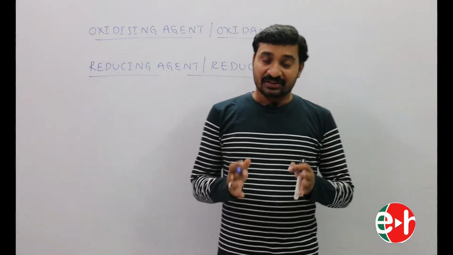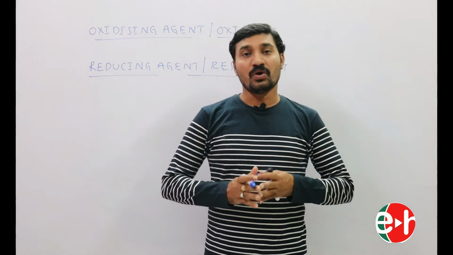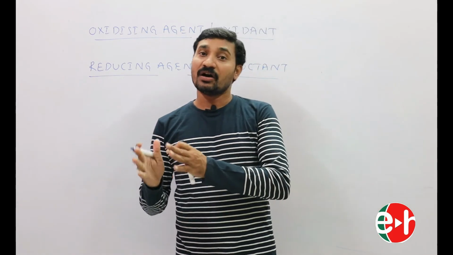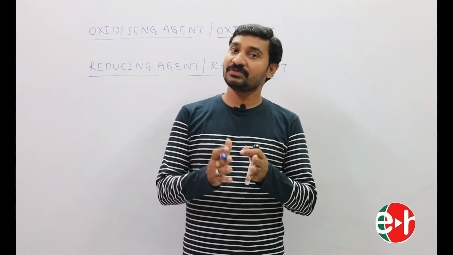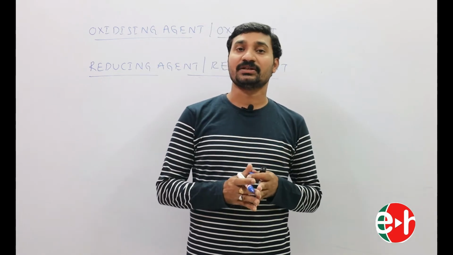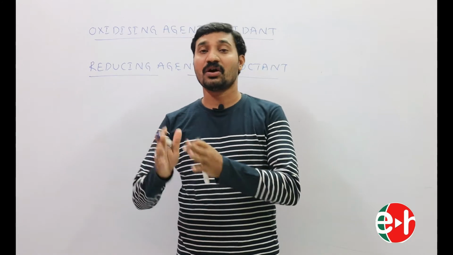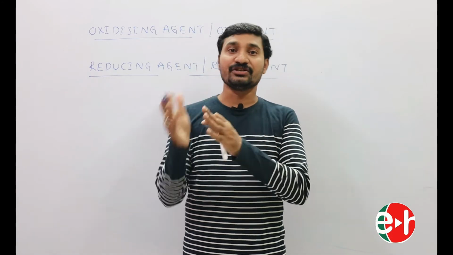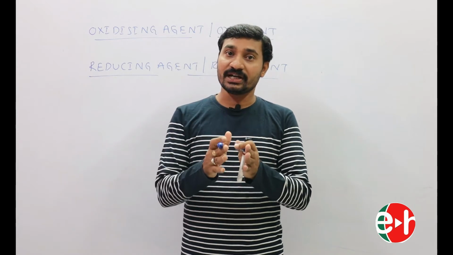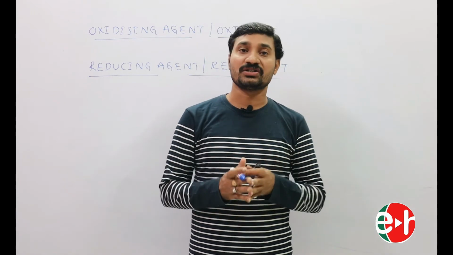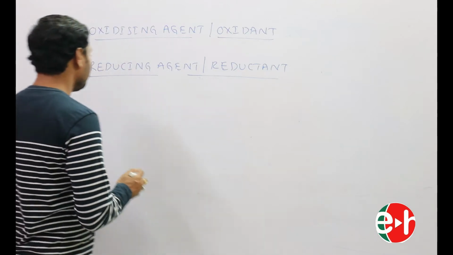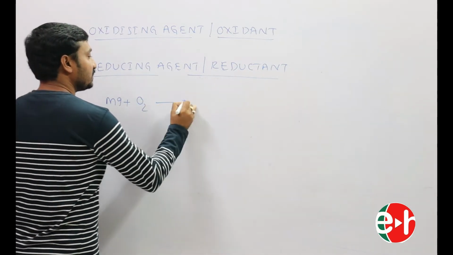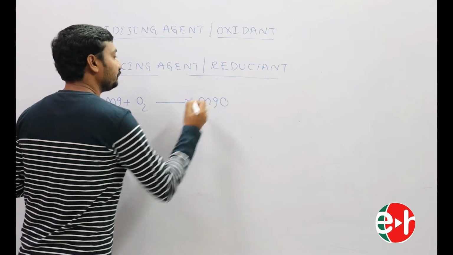See, the substance which undergoes oxidation is called reductant or reducing agent, and the substance which undergoes reduction is called oxidant or oxidizing agent. Which undergoes oxidation, that is reducing agent; which undergoes reduction, that is oxidizing agent or oxidant.